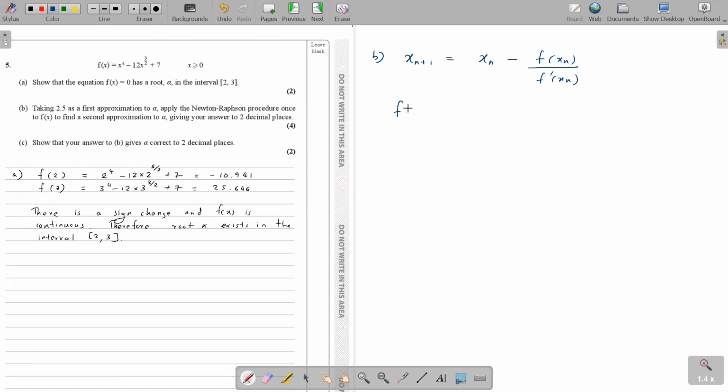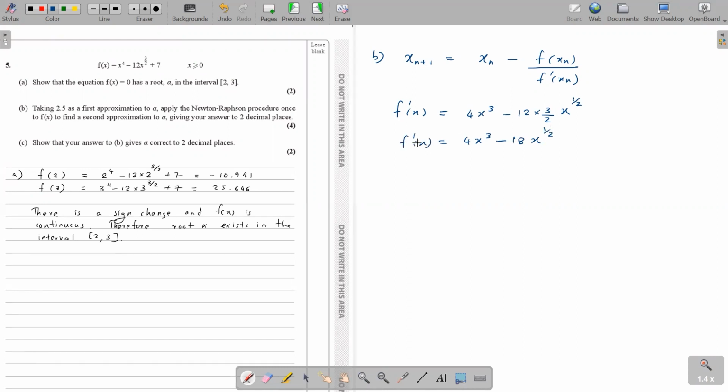We know our f(x), so let's differentiate it. f'(x) is 4x^3 - 12 times 3/2 x^(3/2 - 1), which is x^(1/2). The 7 differentiates to 0. So f'(x) = 4x^3 - 18x^(1/2).